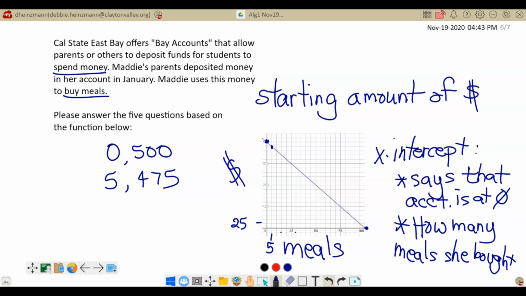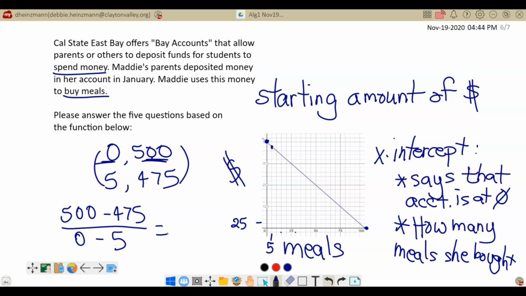Right? So let's go ahead and do our x1, x2, y2, y1 thing. So let's have 500 minus 475, and that's going to be divided by, remember, we started with 500, so we have to start with the 0, 0 minus 5.